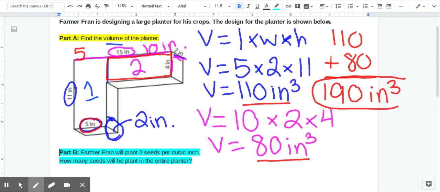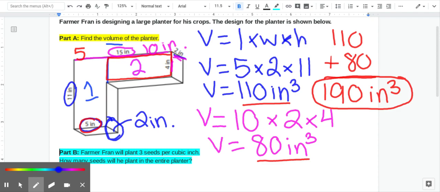Now we also have a part B that we need to solve. Part B says Farmer Fran will plant 3 seeds per cubic inch. How many seeds will he plant in the entire planter? So to calculate this, we just need to take the number of cubic inches that we have, which we know is 190 cubic inches. And in each of those, he's going to plant 3 seeds.